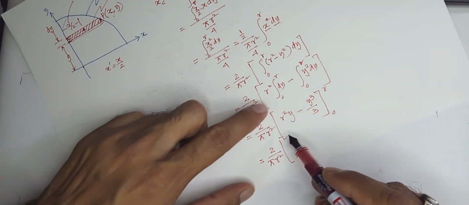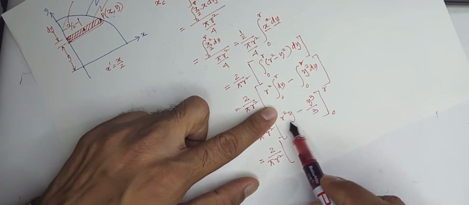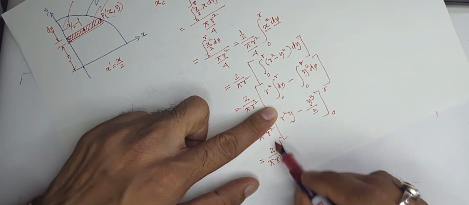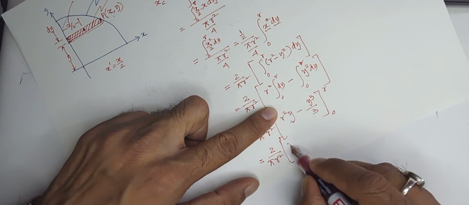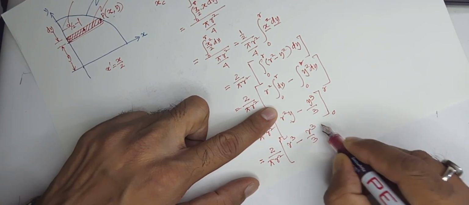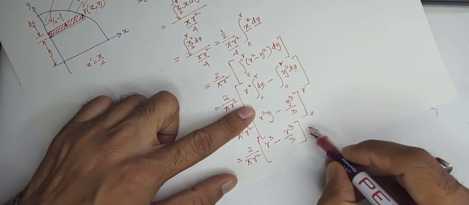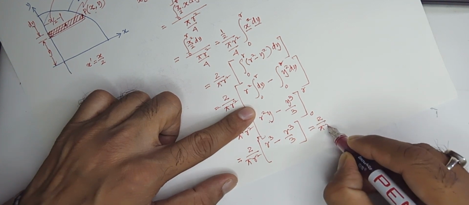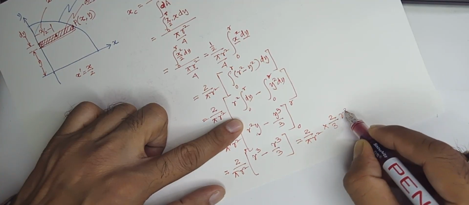Just replace the values. 0 will always give 0 because both terms have y, therefore only r will remain. So it will be r cube minus r cube by 3, other terms will be 0, and r cube minus r cube by 3 is 2 by 3 r cube. So 2 by pi r square multiplied by 2 by 3 r cube.